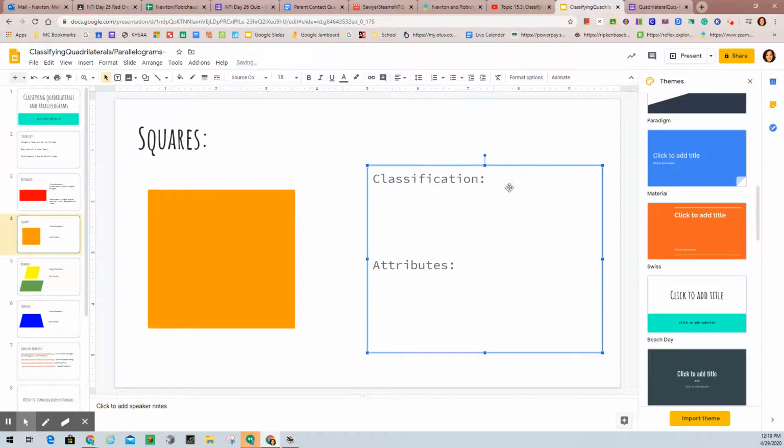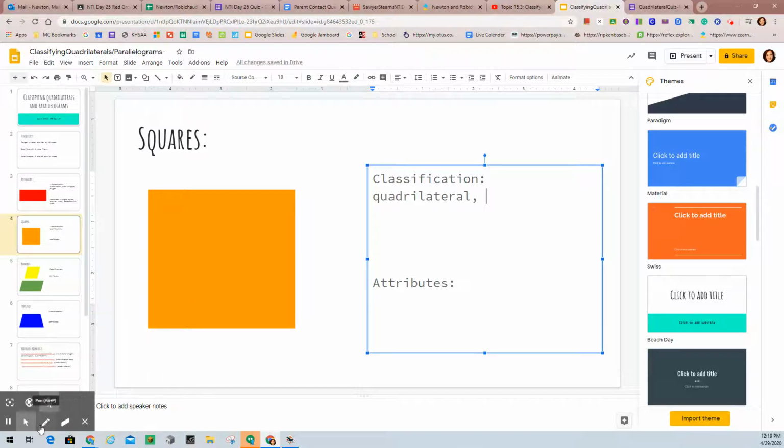All right, let's go ahead and classify this square. Okay, is it a quadrilateral? Of course it is. It has 4 equal sides. Bonus. Quadrilateral. Is it a parallelogram, meaning it has 2 sets of parallel sides? We have 1 set of parallel sides here.